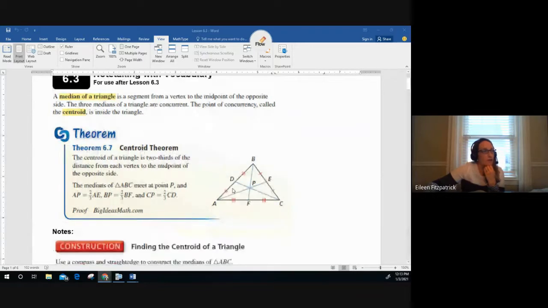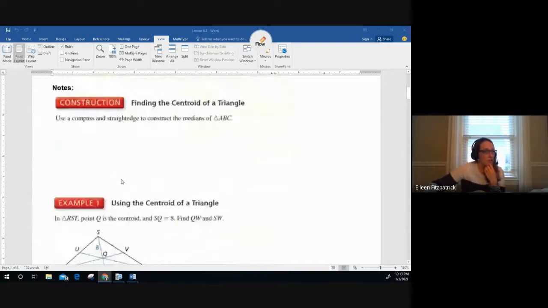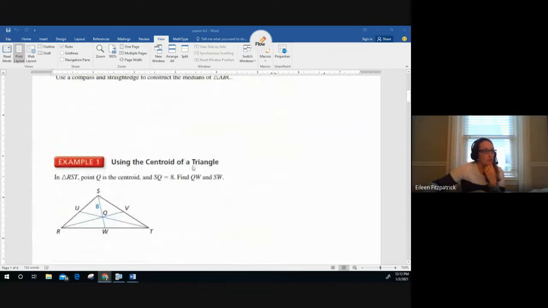All right. So the first one we're skipping because we're not doing construction. The second one says using the centroid of a triangle. In triangle RST, point Q is the centroid. So right away, that tells me that point W is the midpoint, so I can mark WR congruent to WT.